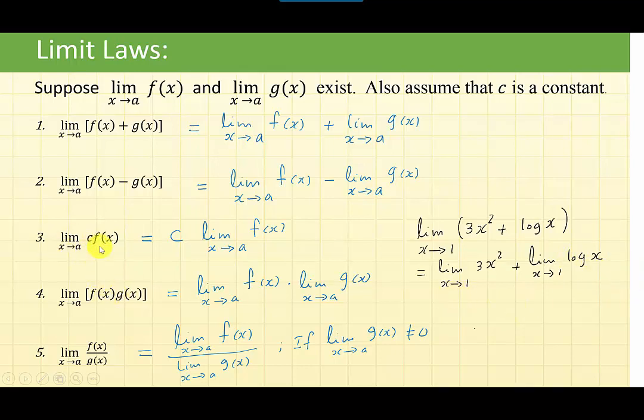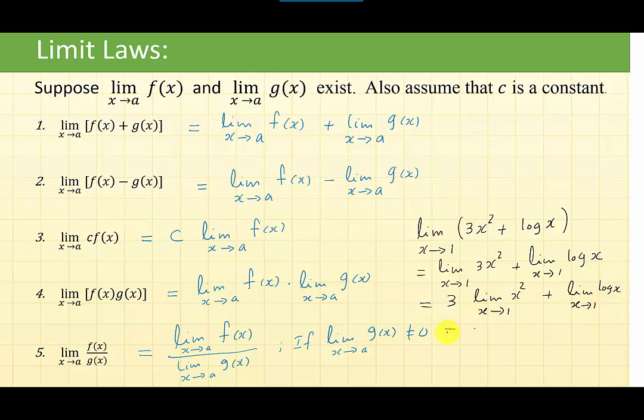Now using the third rule, the limit of a constant times a function is equal to the constant times the limit of the function, we can pull this 3 out from the limit. So this is equal to 3 times the limit as x approaches 1 of x squared plus the limit as x approaches 1 of log of x.